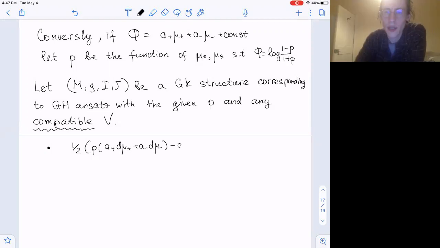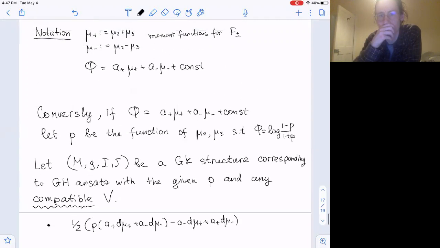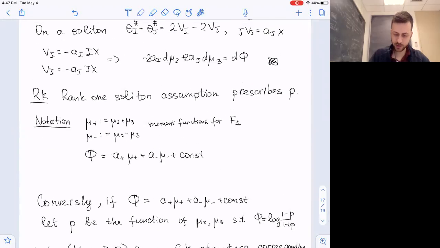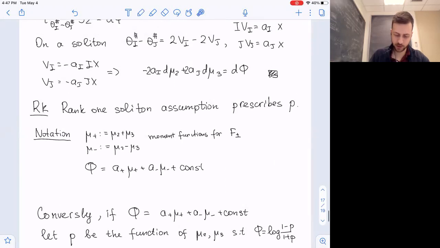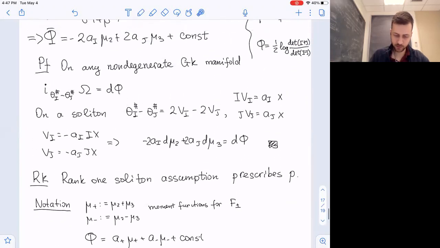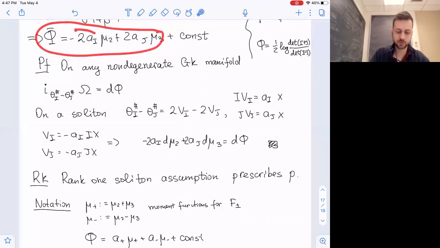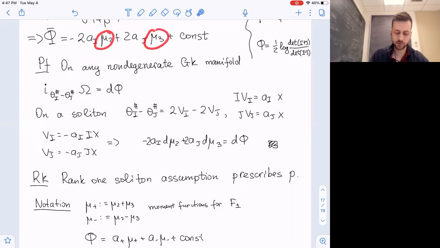Can you recall how did you choose A plus and A minus? Yeah, give me a second. Let me finish writing this. Right. So I have phi being a linear combination of mu2 and mu3 with coefficients negative 2AI and 2AJ. Now I make a linear change of variables. Instead of mu2 and mu3, I consider as my variables mu plus and mu minus.